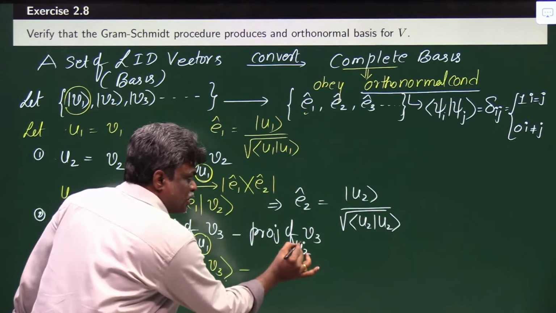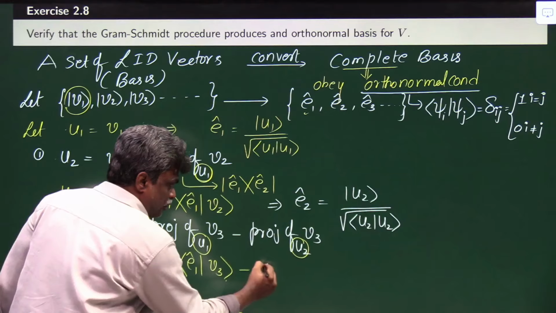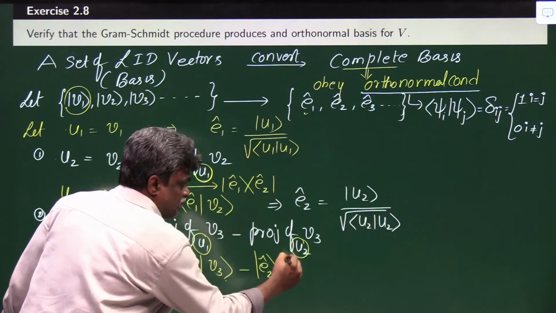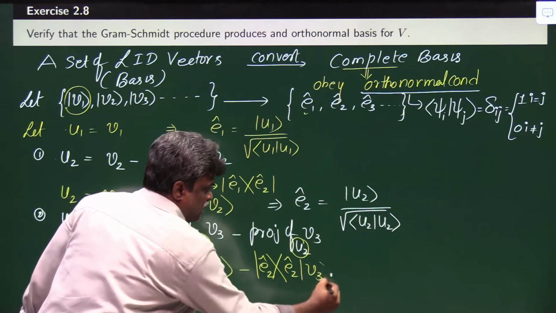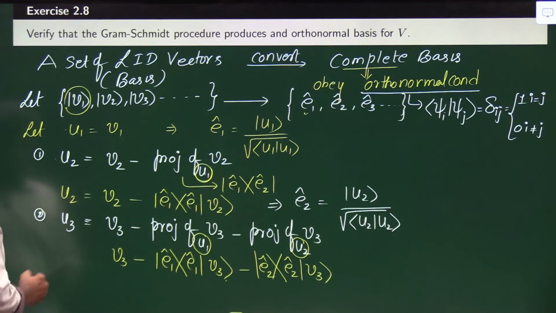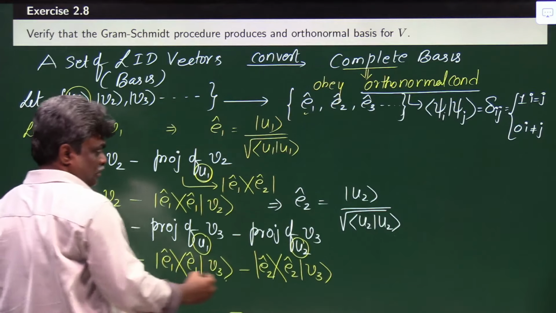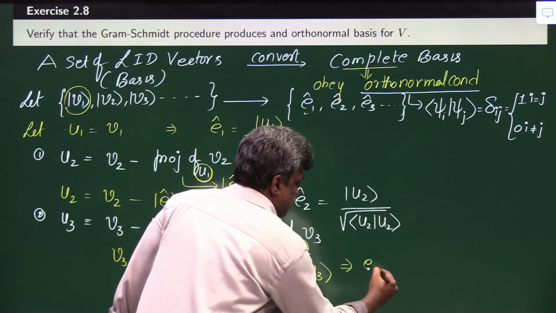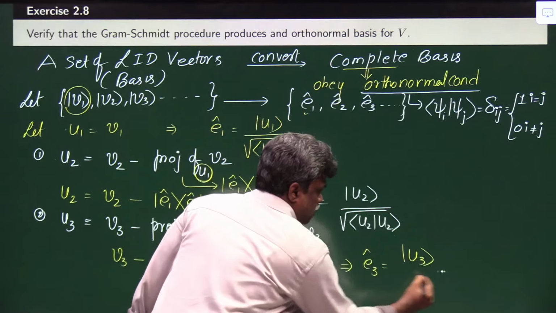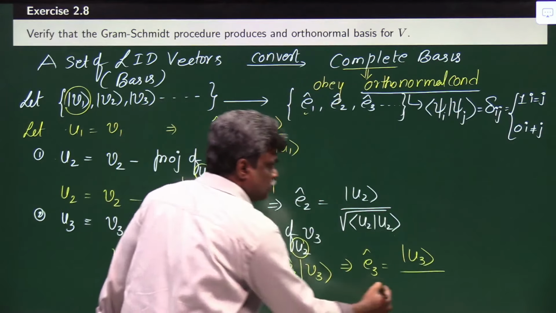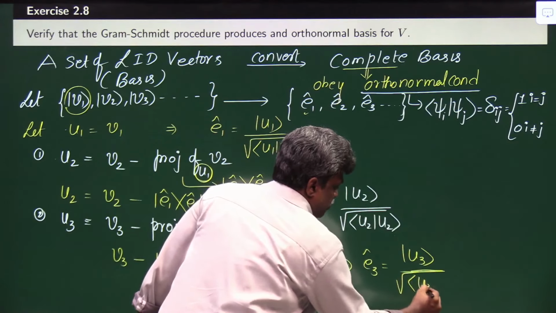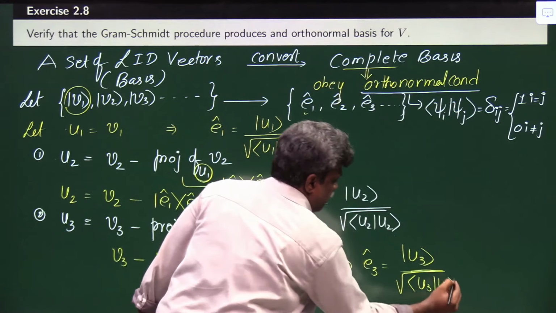You just take the projection operator corresponding to u2, which is the outer product e2, and operate on v3. That's it. So once you got this u3, you can find the corresponding unit vector e3 equal to the vector divided by its magnitude, or inner product or norm, whatever it is, u3, like this.